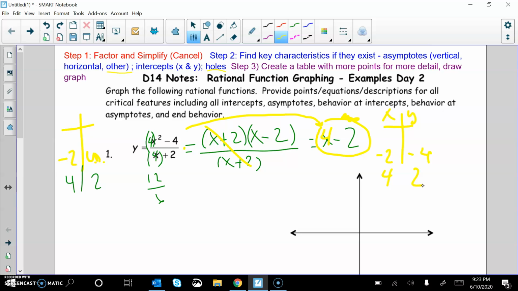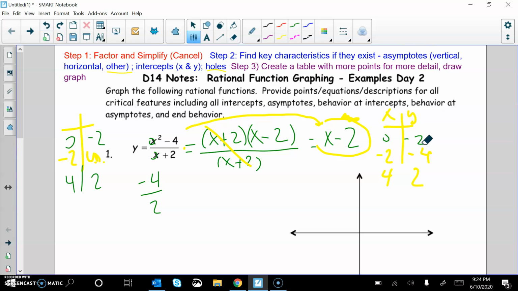No matter what you plug in, you're going to get the same result everywhere except when you plug in negative 2. Put that back in here, x minus 2. Let's plug in 0. 0 minus 4 is negative 4 over 2, so plug in 0, you get negative 2. Plug in 0, you get negative 2 here as well. So we can do that over and over again, and the tables will match.